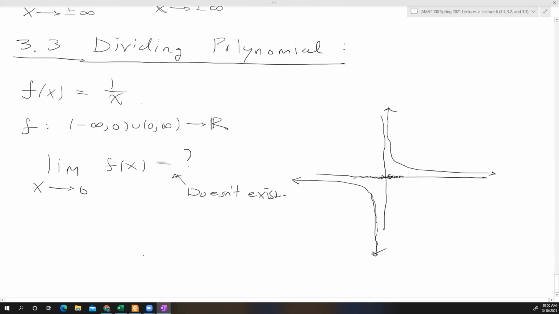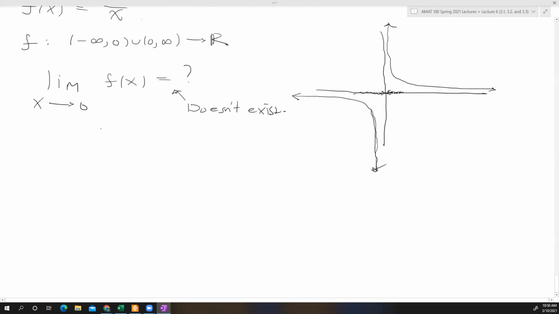But you can distinguish them. You can say the limit as x goes to zero from the right, where we use the plus sign to mean to the right, of f of x is infinity. Let me actually put the actual function in.